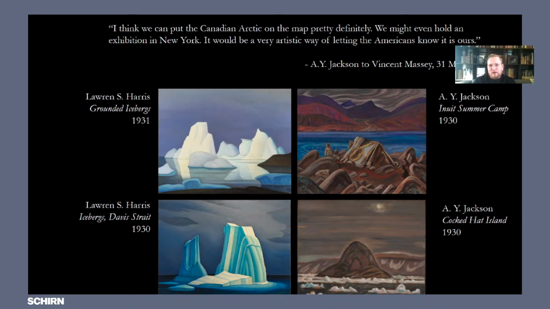And a driving point behind the exhibition is thinking about how very often, especially in the settler colonial context of the Americas, landscape painting is a tool of Indigenous erasure, in focusing on these grand vistas of nature, and either having them completely devoid of people, or, as you see in the Jackson painting in the upper right corner, you do see some Inuit, but they're rendered at a very small scale.